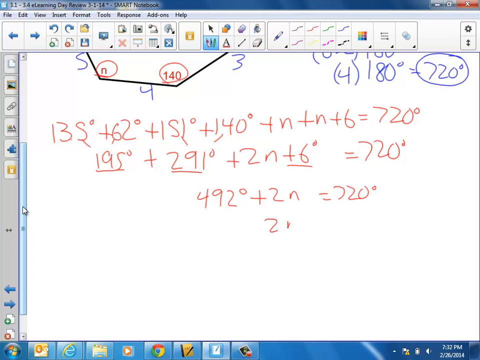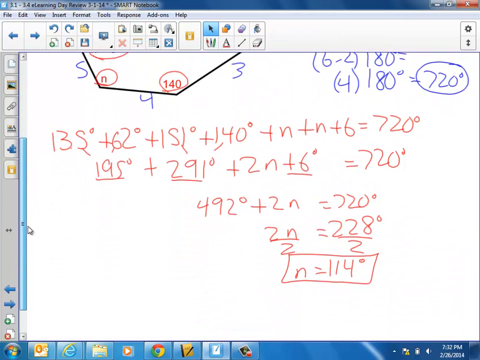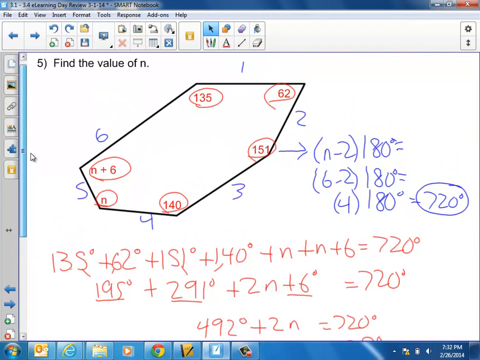Subtract off that 492, you get 2n is equal to 228. Divide through by 2, and you get n is equal to 114 degrees. Sweet. All right, a little bit of a longer problem, but honestly, the number of steps that we took to solve that was not too bad.